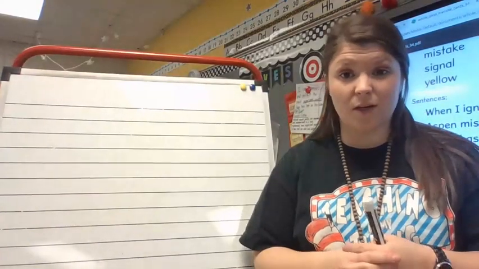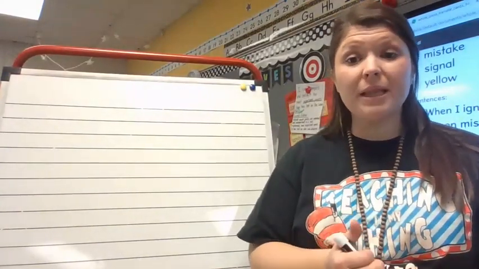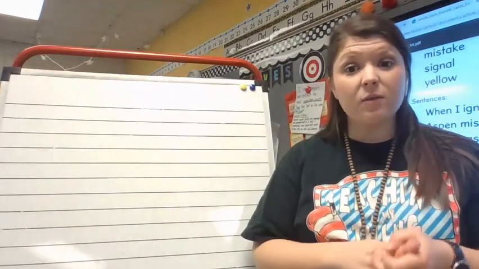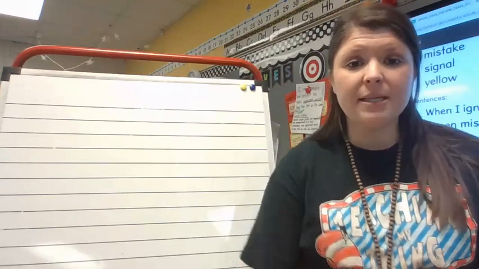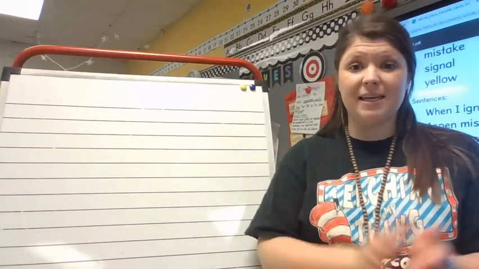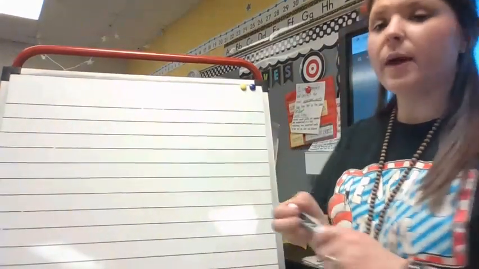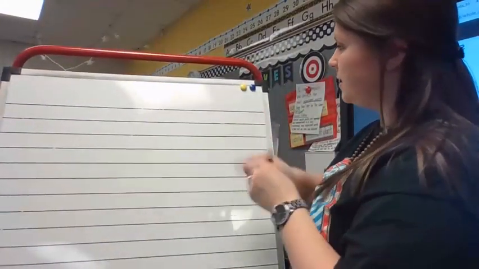Now let's spell some words. All right, we're going to start with a blend that will split. Here's the word, disco. How many syllables are in that word? Let's clap it out. Disco. Now let's go ahead and spell it.